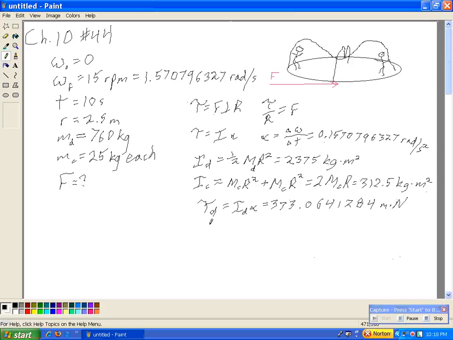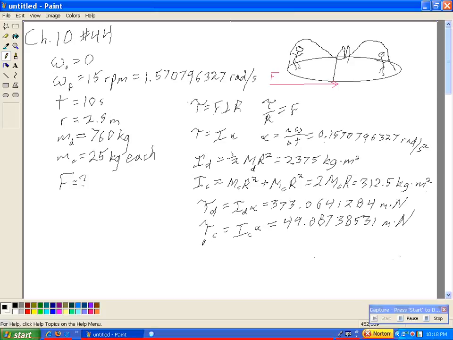And the torque of the children is the moment of inertia of the children times alpha, and that came to 49.0873853 meter newtons.